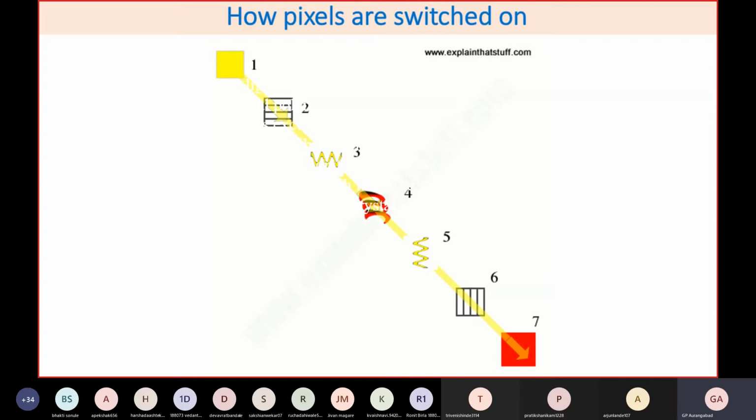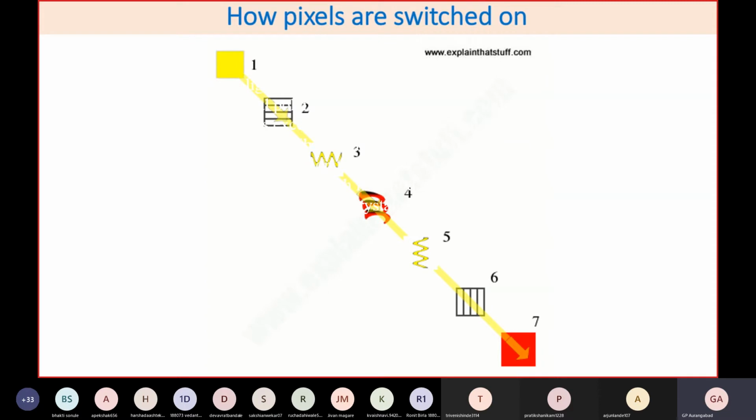The procedure is that again on the first side the backlight will emit the light. The horizontal filter will only allow horizontal light to pass through. When this horizontal light is at 3, it is shown here. Now here you will not apply voltage across the LCD. That is the twisted nematic display, the TN display.